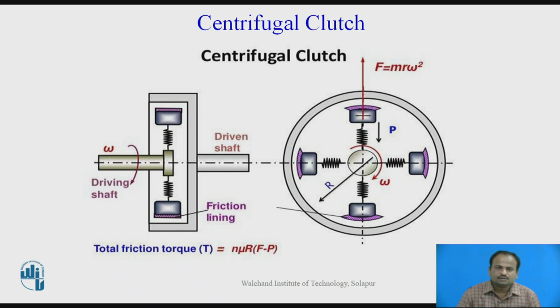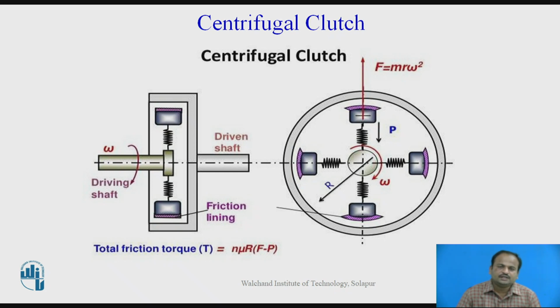Whenever the driving shaft rotates, due to centrifugal force, the weights are moving away from each other, and they try to engage with the outer wheel which is connected to driven shaft.